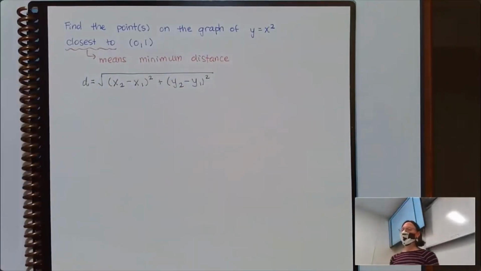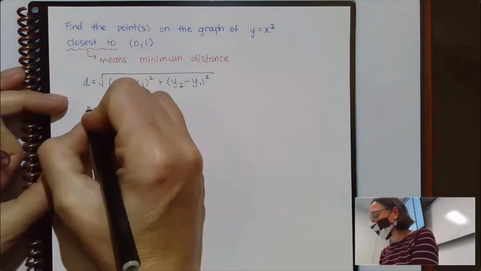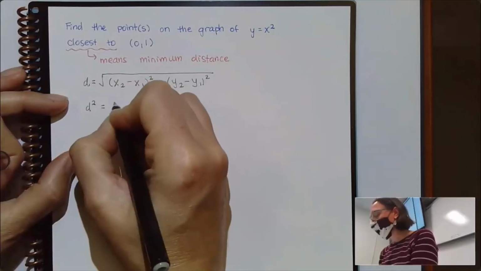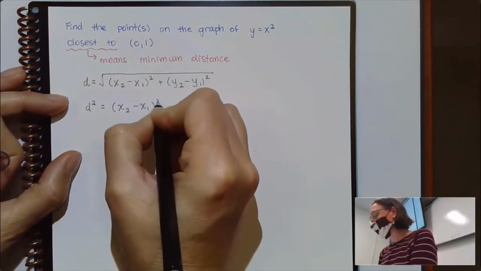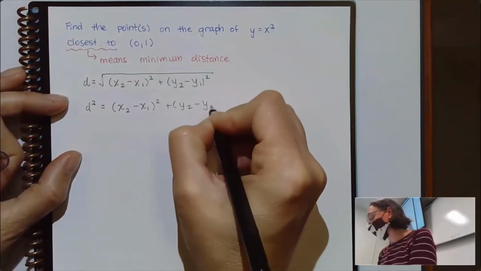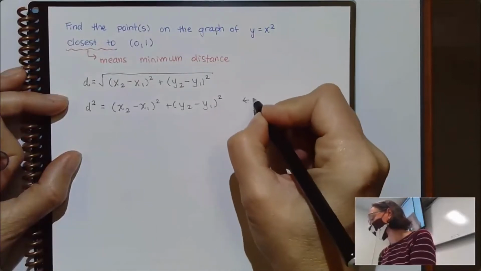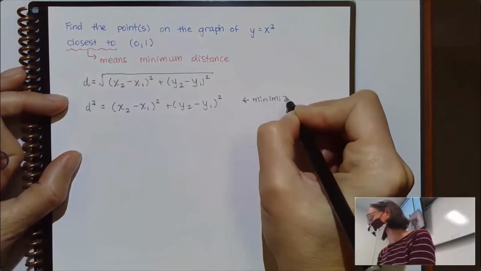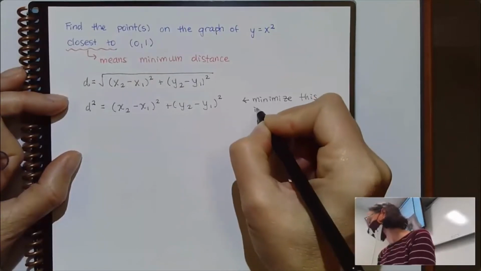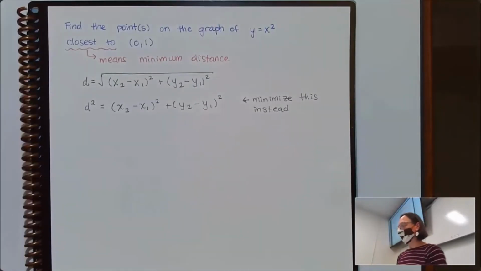There's a trick that our book uses when we're talking about minimizing distance. Our book actually tells us that we can minimize the square of the distance and have the same result. It's a trick in our textbook, and I feel like if it's in our textbook, it ought to be fair game for any quiz or test.